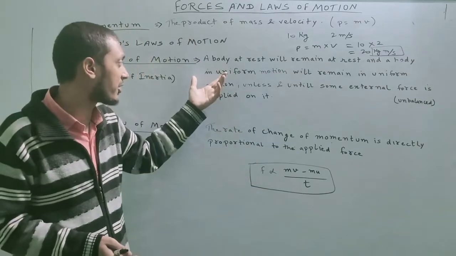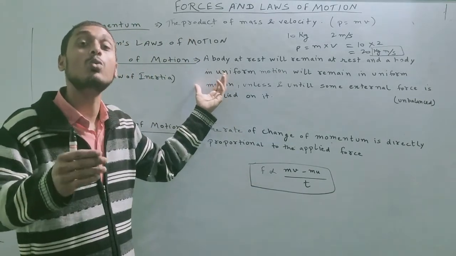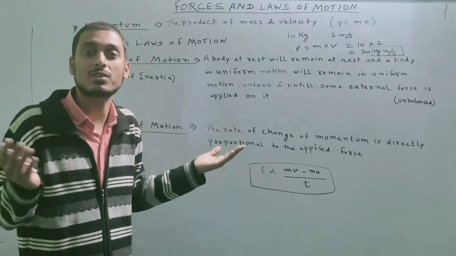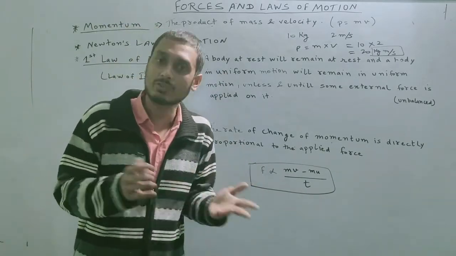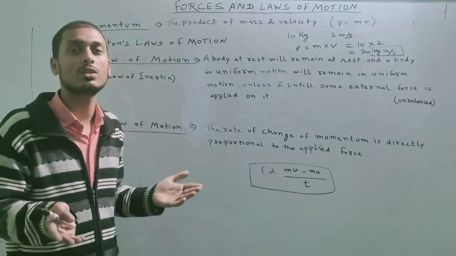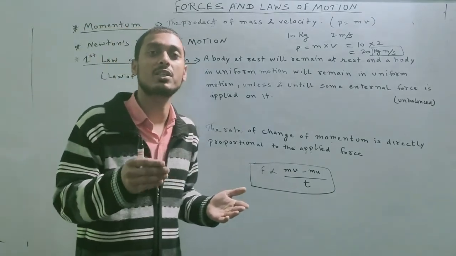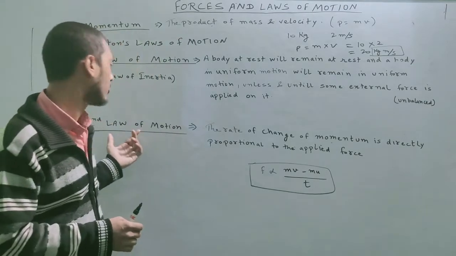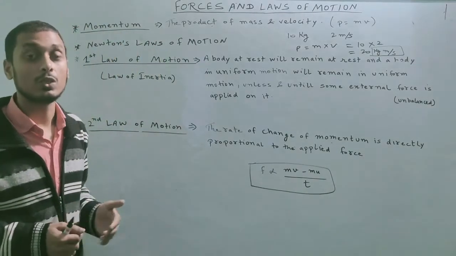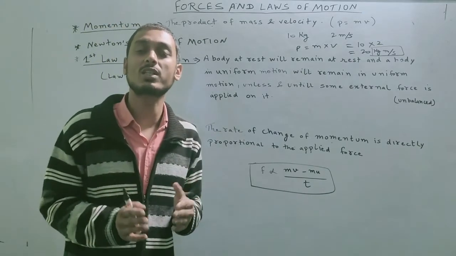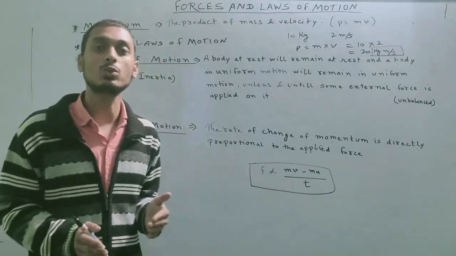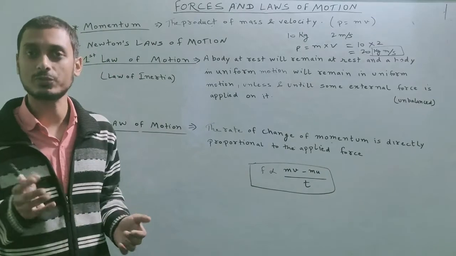From the first law, we come to know what force is: an external influence which causes a change in the state of a body. But from the second law of motion, we come to know the mathematical expression to calculate the magnitude of force.